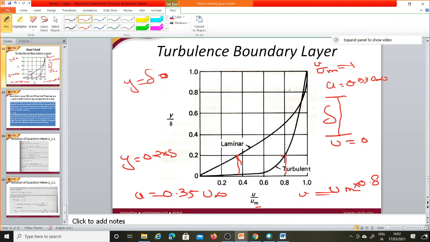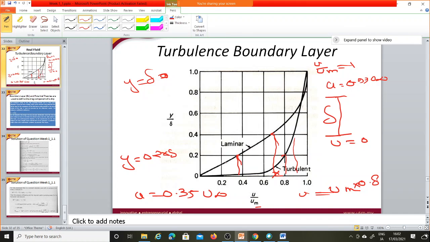Remember that. Similarly, if you compare here at 0.4 of the boundary layer thickness, the laminar layer is here, and on the other hand your turbulent is here.